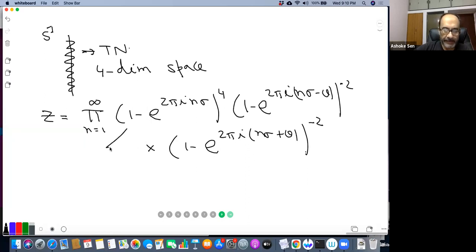So this you will recognize is coming from the fermions. There is no V dependence because it's fermions, as I said, do not carry J charge.